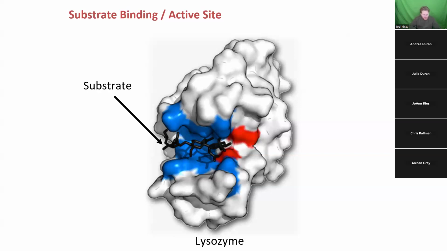So I mentioned previously protein ligand binding. Well, there's a really subtle difference between a ligand and a substrate. A substrate gets modified.